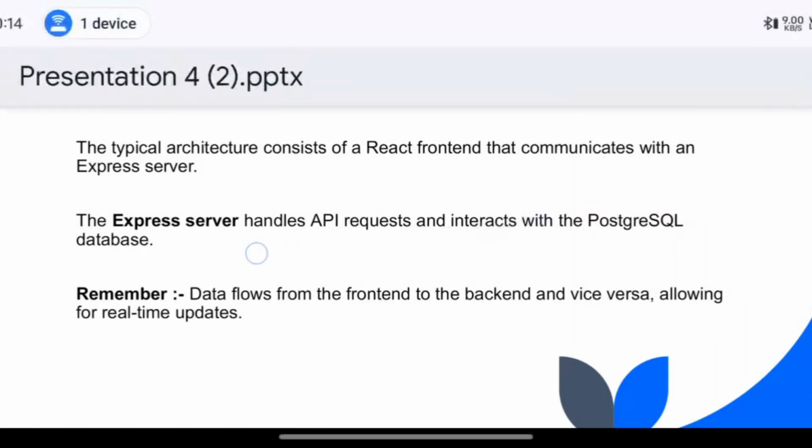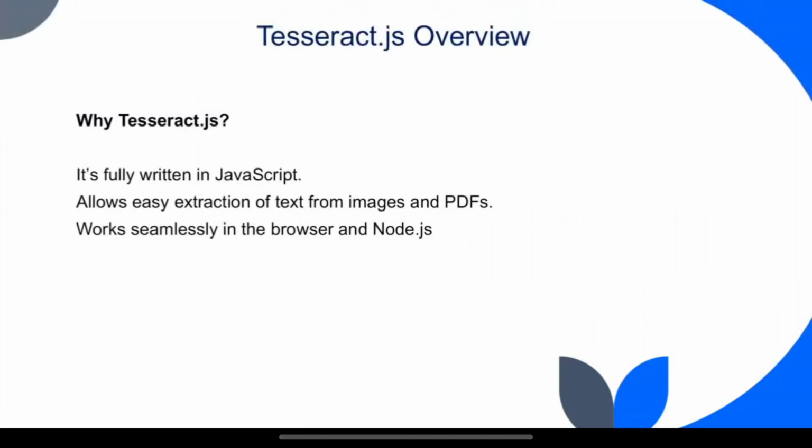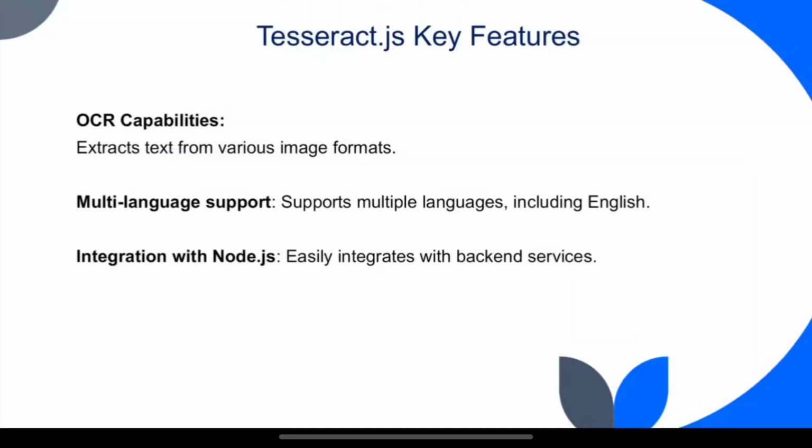So next is Tesseract.js key features. Key features of Tesseract.js include OCR capabilities, extracting text from various image formats like PNG, JPG, JPEG, or PDFs, etc. Multiple language support, including English, Hindi, etc. Integration with Node.js, easily integrating with backend services.